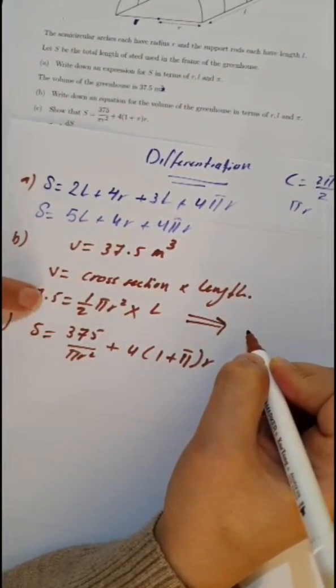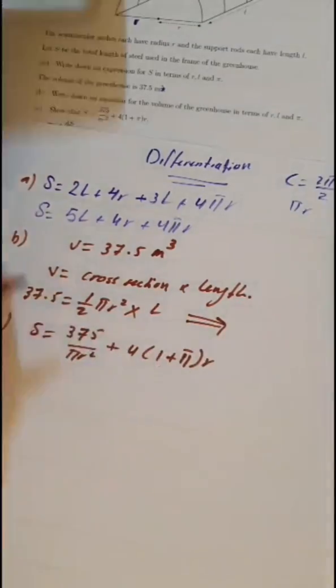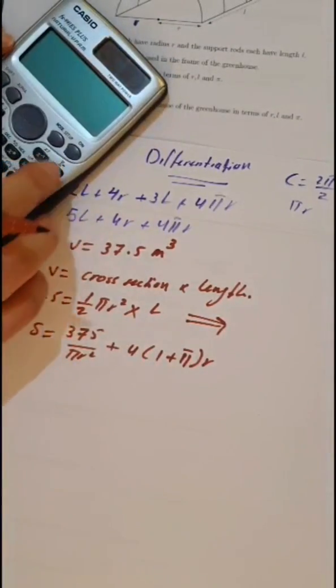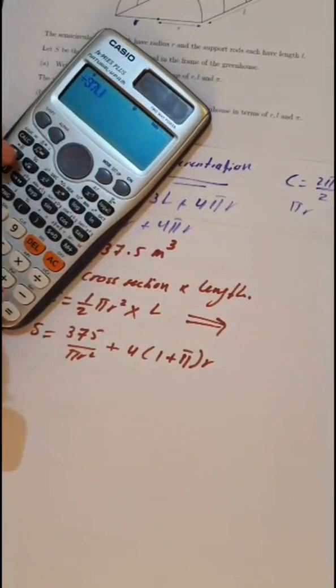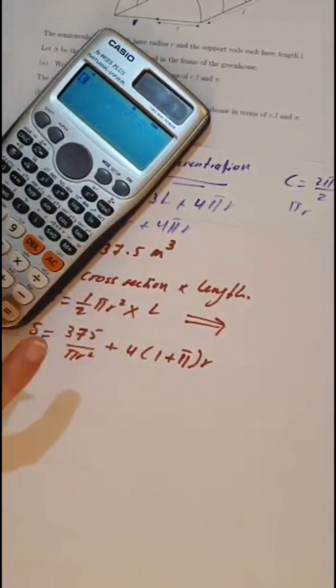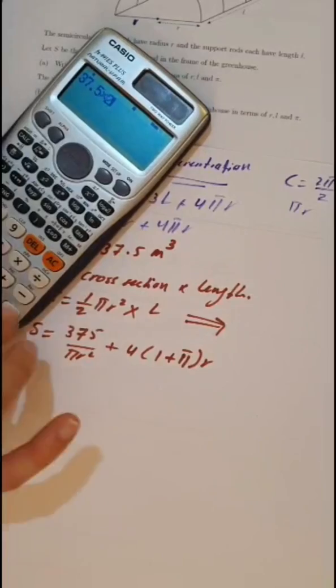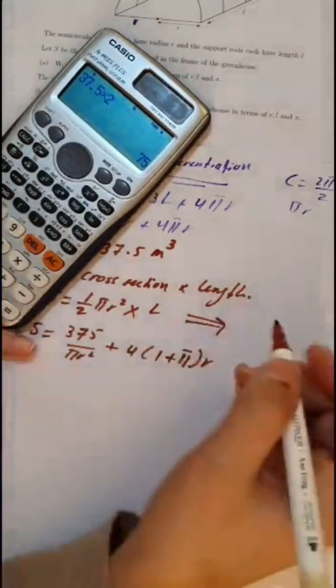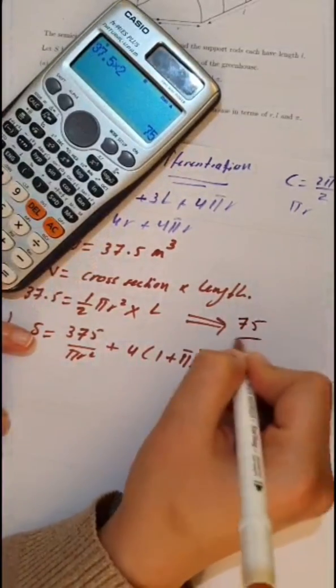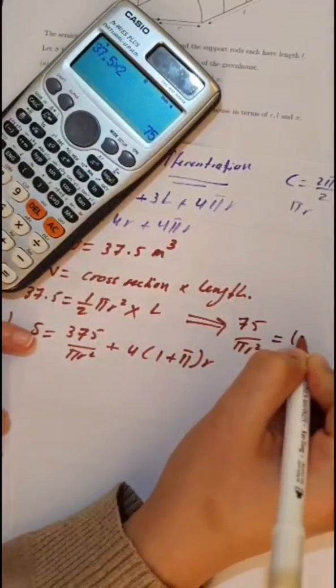I'm going to multiply 37.5 by 2. 37.5 multiplied by 2, so I'm going to get 75. So 75 divided by pi r squared, I'm going to get L.